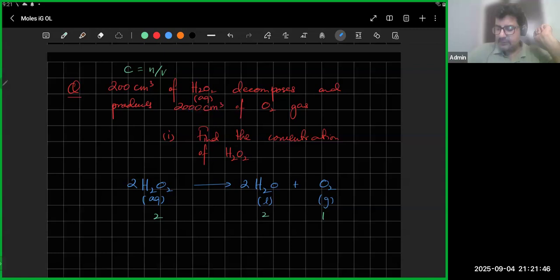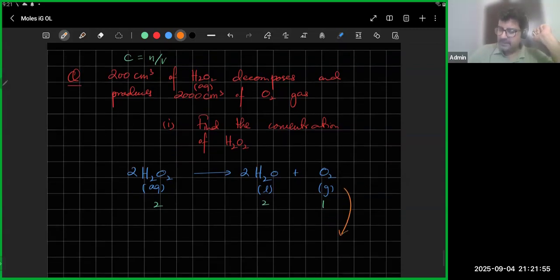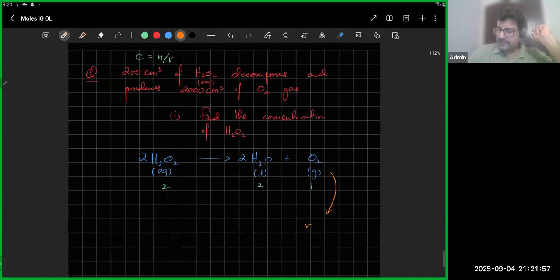अच्छा लेकिन for oxygen gas you can figure out the moles, क्योंकि it's a gas. Gas का क्या formula था? Moles of a gas is volume of gas divided by 24 dm cube, right? So the volume of gas in dm cube: 2000 cm cube is how many dm cube? It's 2 dm cube, right? ये 2000 cm cube है, ठीक है?